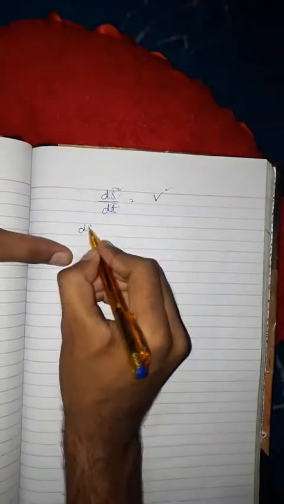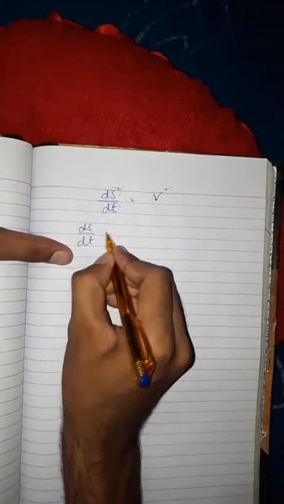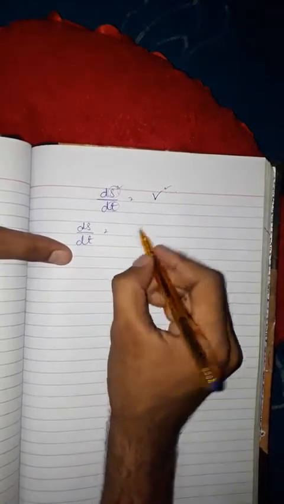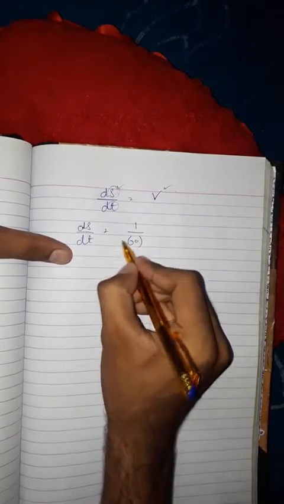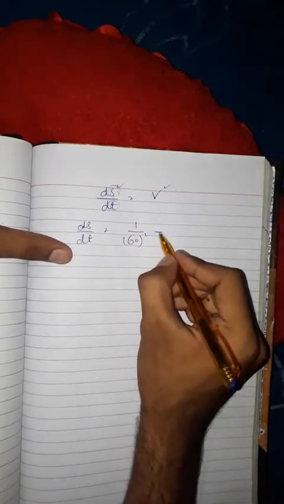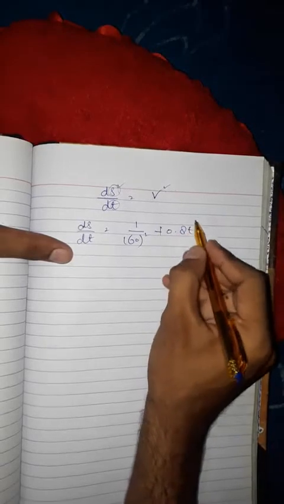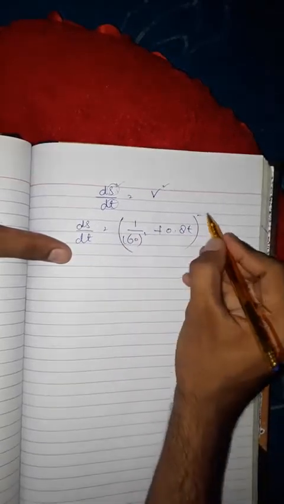So this equation will become ds upon dt equals 1 upon 60 square plus 0.8t, whole power minus 1 upon 2.